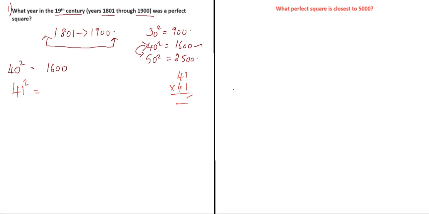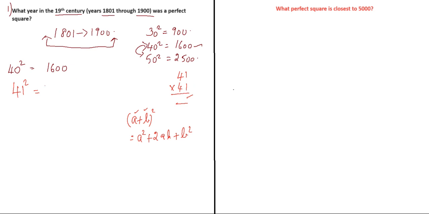So instead of doing 41 into 41, you can use a simpler method with the help of the formula (a plus b) the whole square. We know that the formula is a square plus 2ab plus b square.